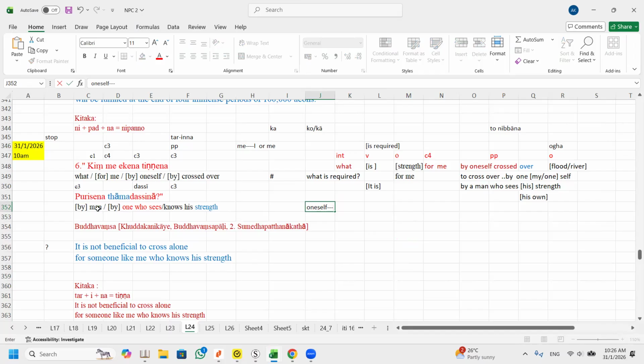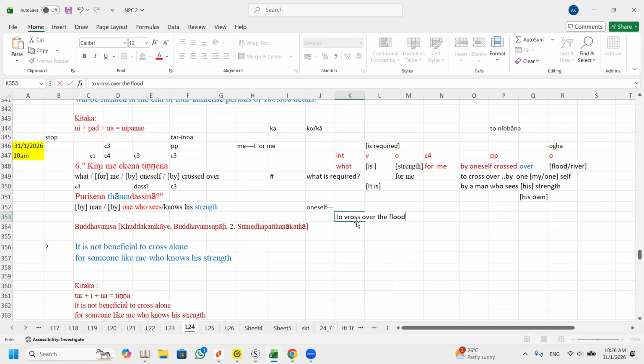Oneself on the top down now, this is declined. That means a person who wants to cross over the flood must know his strength. So in this case, the man, to cross over the flood.